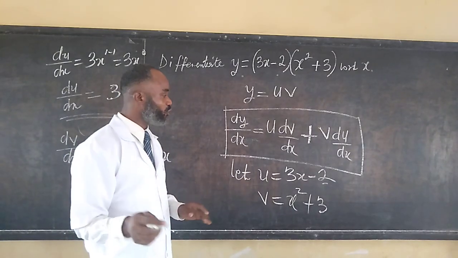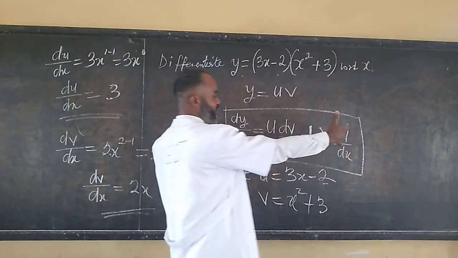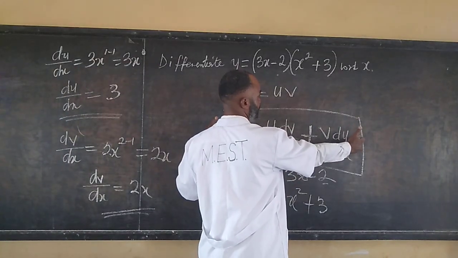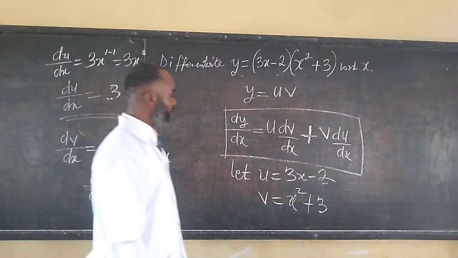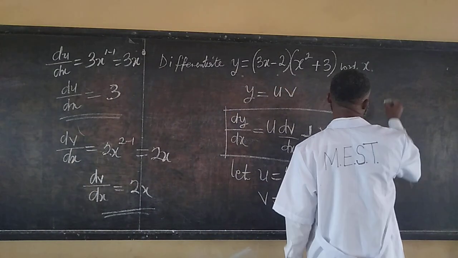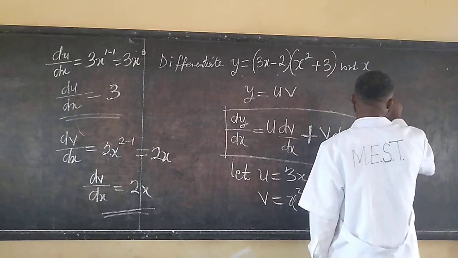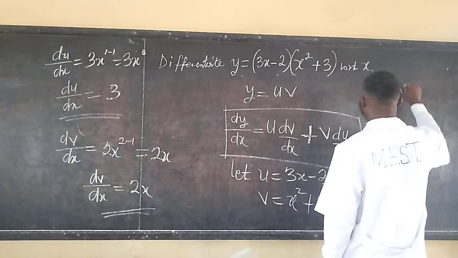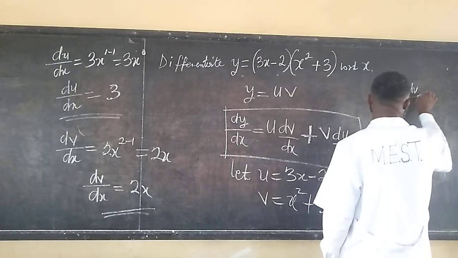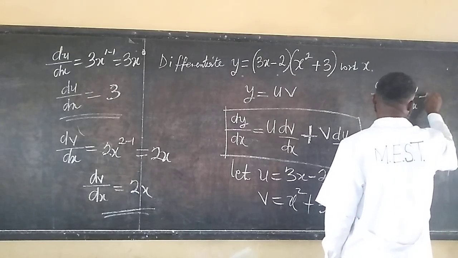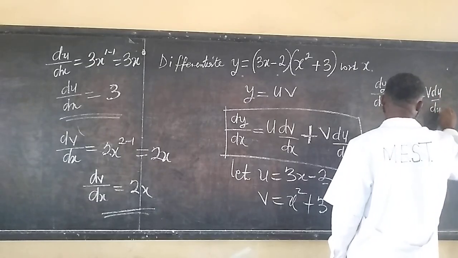What to do next is to couple these derivatives into the original expression, which is this. And once we do that, we are done solving. So let's do that quickly. We have dy/dx is equal to keeping u, differentiating v with respect to x, and then we keep v differentiating u with respect to x.